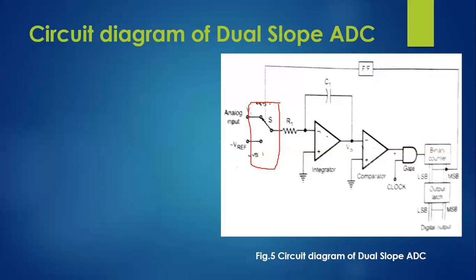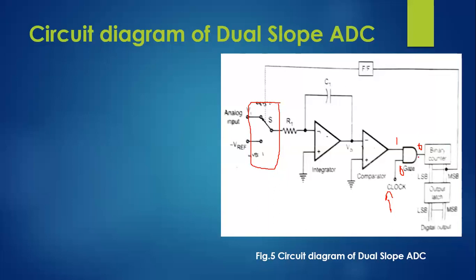So this output from the comparator will be applied as one of the inputs to the AND gate. Whenever we apply the clock signal to the gate, then you will be having 1, and 1 will be equal to 1. Otherwise, if the clock signal is equal to 0, then the gate output will also be equal to 0, and the binary counter will not count.